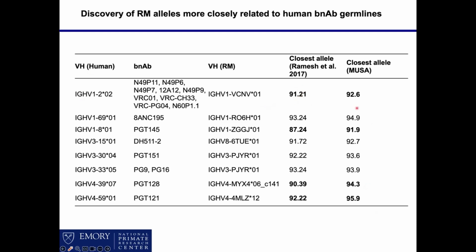When we've expanded this analysis, at least to the animals in our MUSA, which is heavily biased to the Emory Primate Center, we haven't seen a great improvement. We've seen about 1%, but we haven't yet found something above 95% that would say, oh, this allele is out there. However, for some of these alleles, we are seeing improvements. And so we feel that as we expand our sequencing into additional centers, we're likely going to find closer homologs.